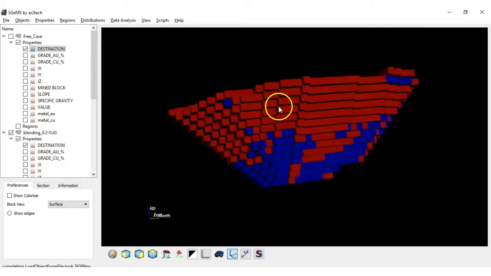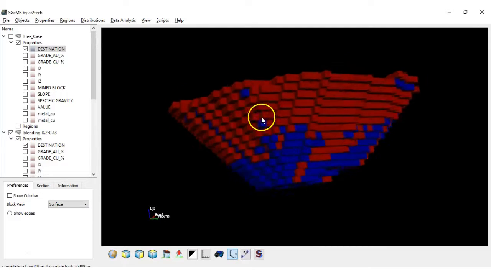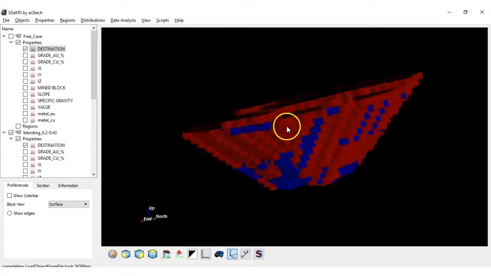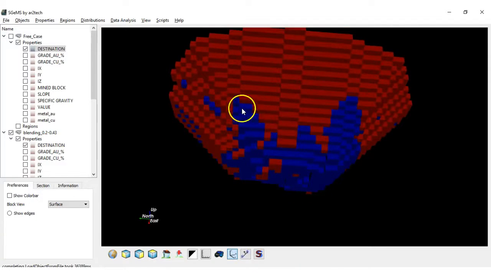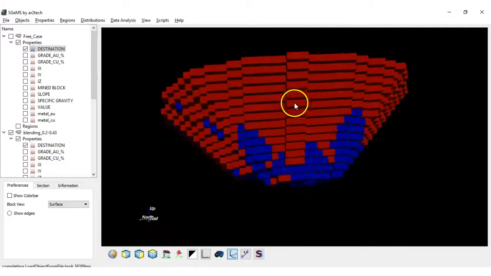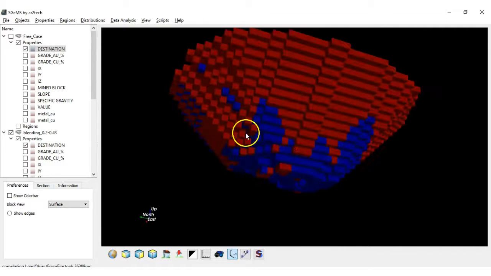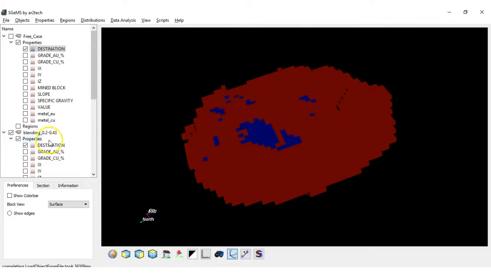Maybe blocks that were being considered as waste previously are now being considered as ore due to the blending restriction. So you can see that the preferential areas for ore are quite different from the free case as well, right? It's not very centered. It's a bit sparse and so on.